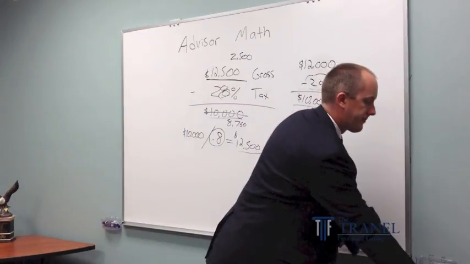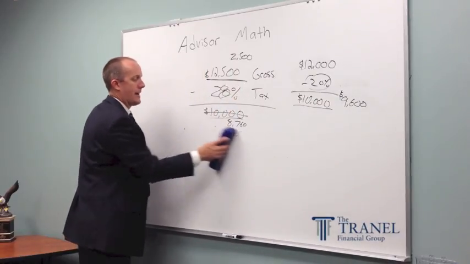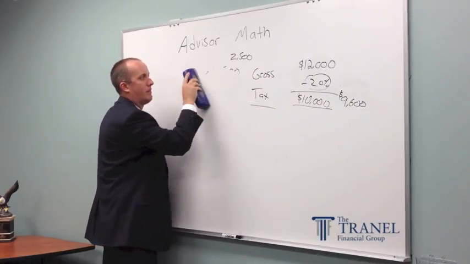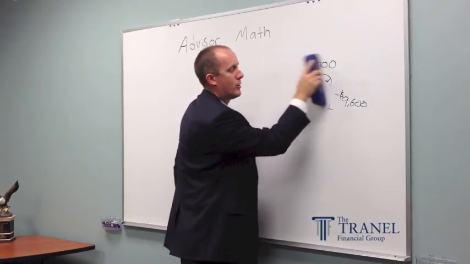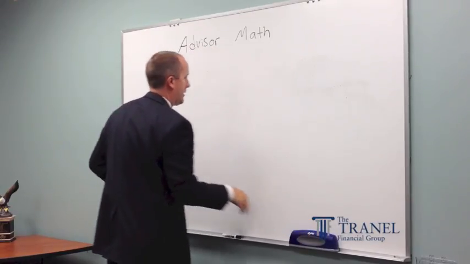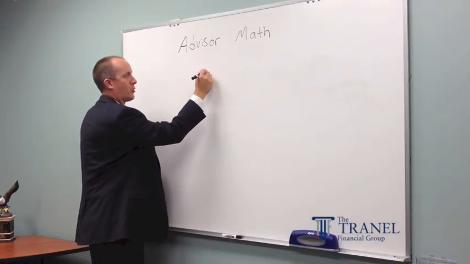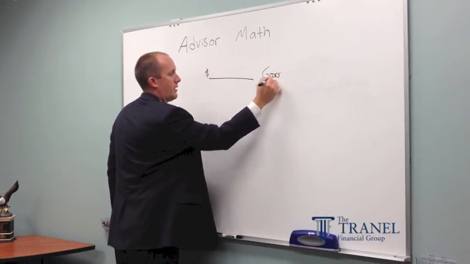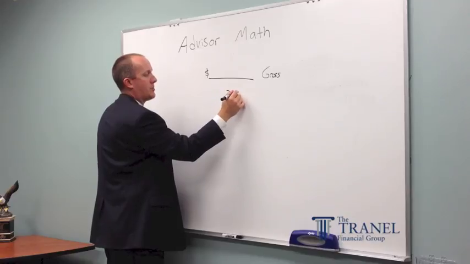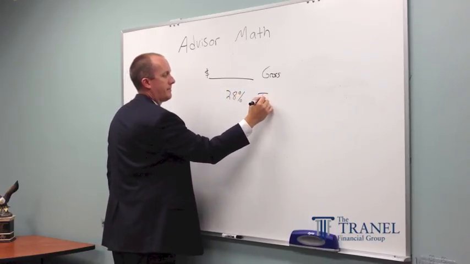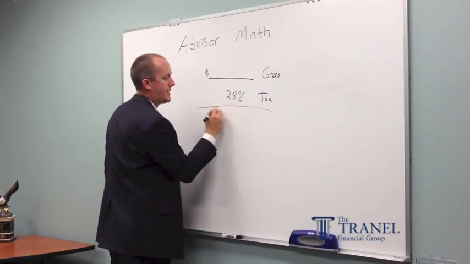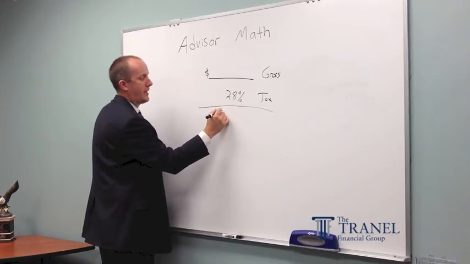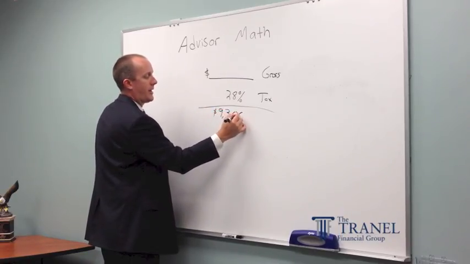Let's use a slightly more abstract example, but it's still going to be very much a real-world example. Let's say you need to figure out the gross number with 28% withholding, and the client needs, for whatever reason, $9,300.